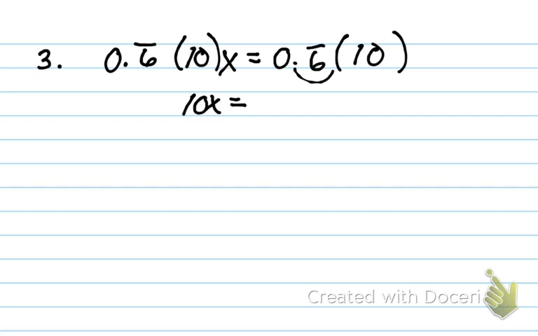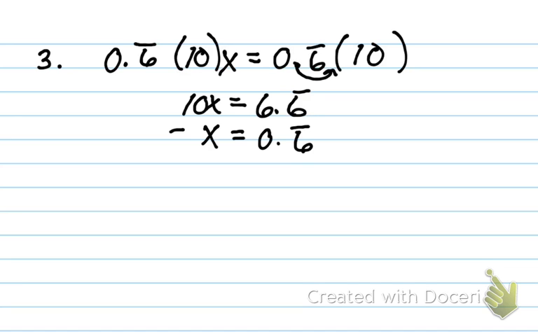Okay? So multiply both sides by 10, and I get 10x, but remember what happens when I multiply a decimal by 10. It actually moves to the right one place. So now that's why I get 6.6 repeating. And now I have to subtract something. Does anybody remember, Josh? The original equation, x equals 0.6 repeating. I subtract the original equation.